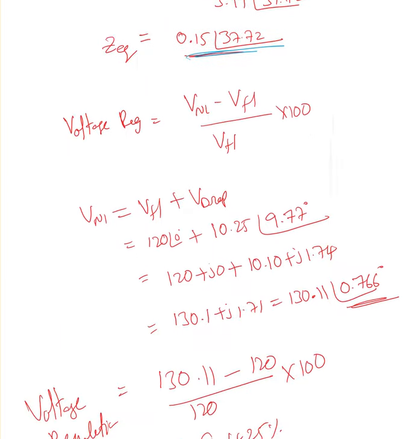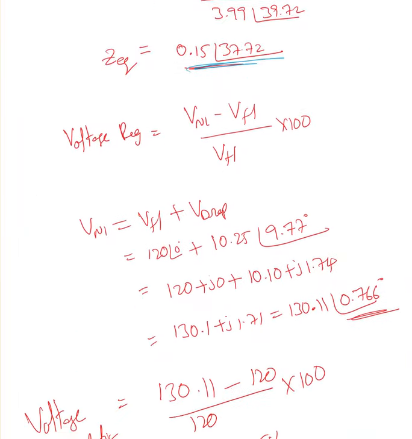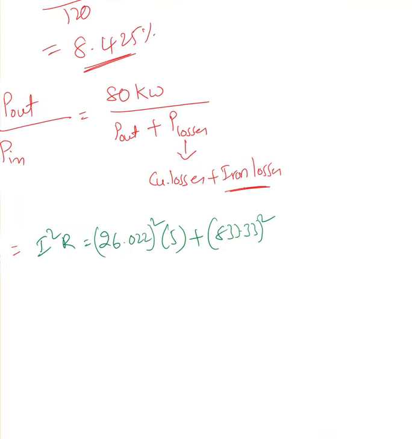So P losses equal I square times R. I have 26.022 whole square times 5, plus 833.33 whole square times the resistance there, which is 0.0085.